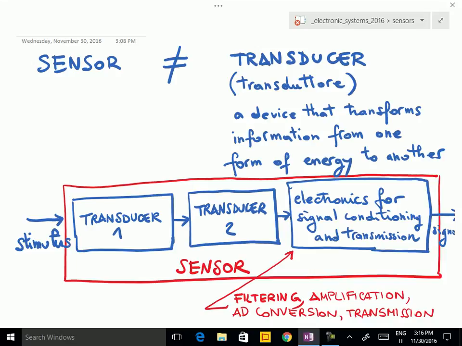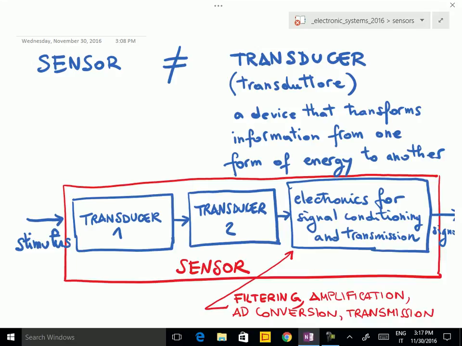For example, in the case of the microphone that I mentioned before, we typically have just one transducer, which is a piezoelectric membrane, which transforms the sound waves into an electrical signal which is analog to the sound wave. Analog means which has the same type of time behavior.